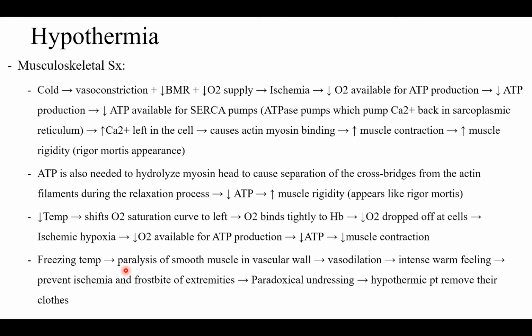That causes vasodilation, and an intense warm feeling occurs, kind of like flushing, and this is to prevent ischemia and frostbite of extremities. And this leads to paradoxical undressing, and you'll see hypothermic patients removing their clothes at times.